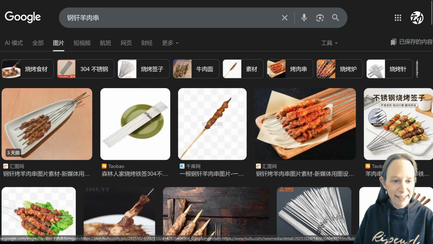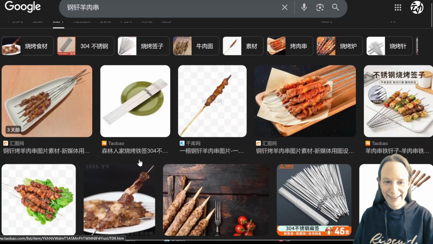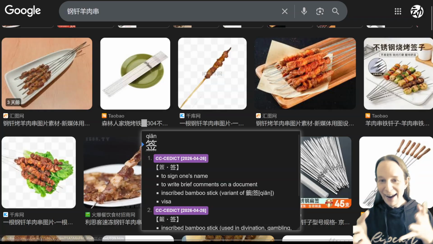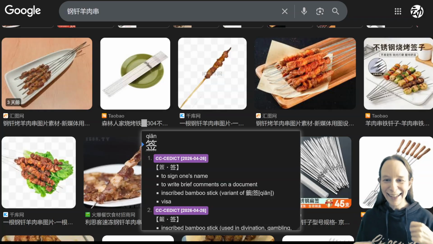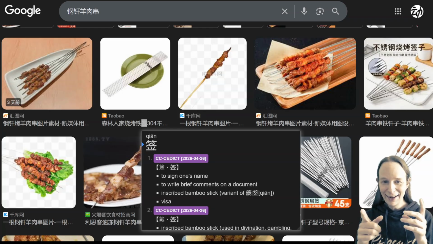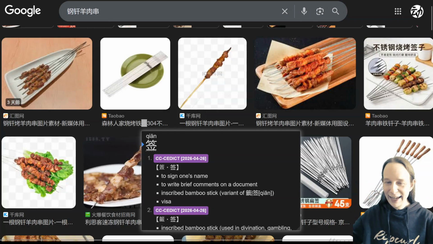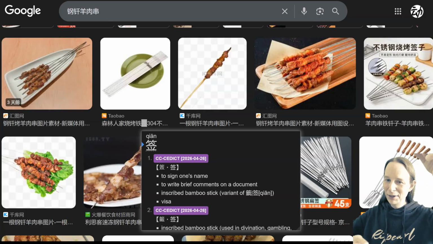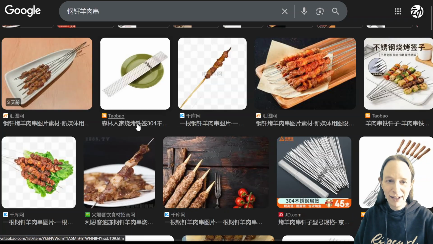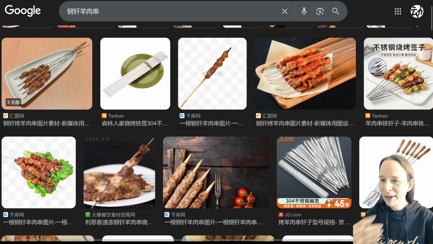贴签. Oh, okay. 贴签. So it's here. There it is. This is the character we're studying. So we've got 竹签 is bamboo skewer and 铁签 is literally iron skewer, but I presume iron is used generically for metal.